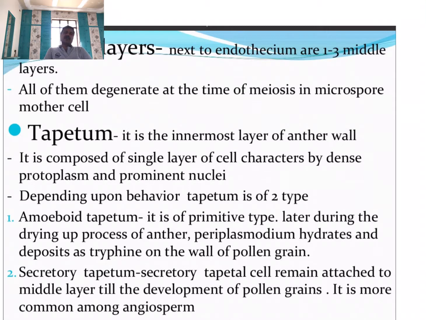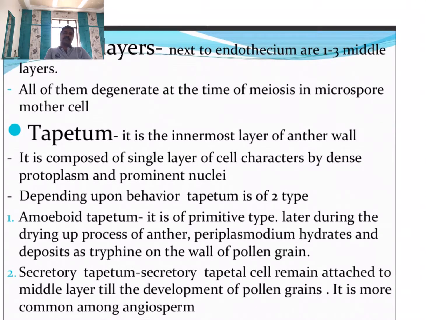During the drying up process of the anther, the periplasmodium hydrates and deposits as tryphine on the wall of the pollen grain. This amoeboid tapetum supplies food materials to the spore mother cells and microspores.